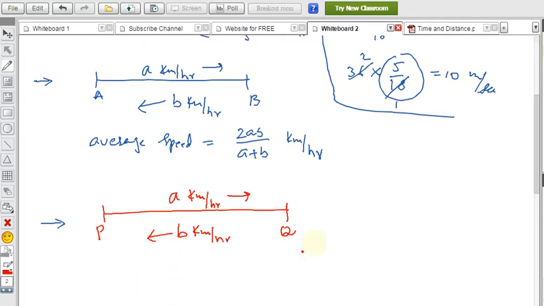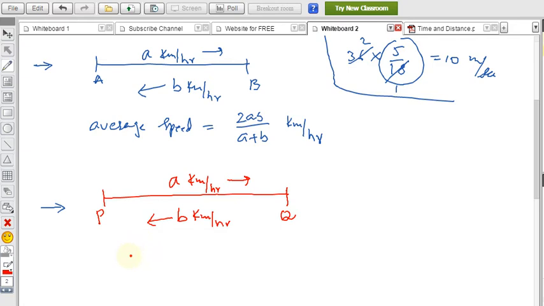Then if you ask for time, the time taken for the whole journey, so total time.